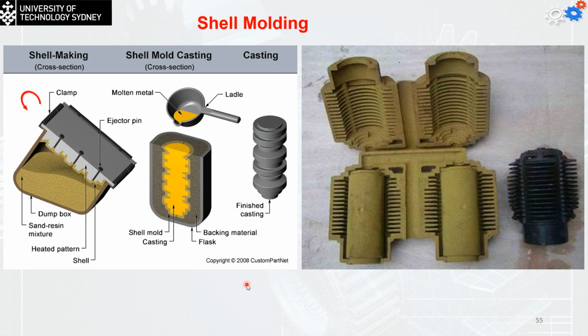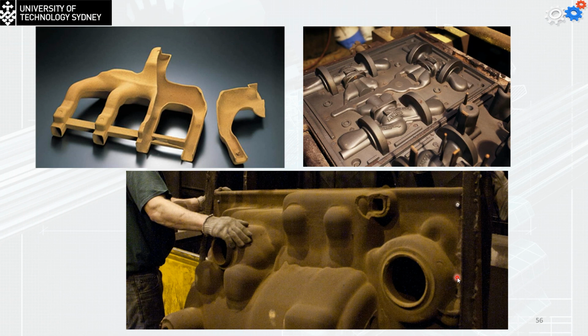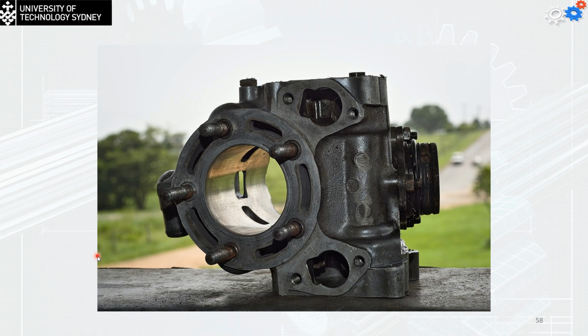If I'm going to have the mass production of the engine blocks, then I can make the mold and make multiple shells, multiple cores, and I'm going to just put everything, the shell and the cores, into the supporting material in the box and start to pour the materials to have the finished part. Okay, so this is actually an example of making the engine block by the shell casting. Okay, that's an example of part made by the shell casting.